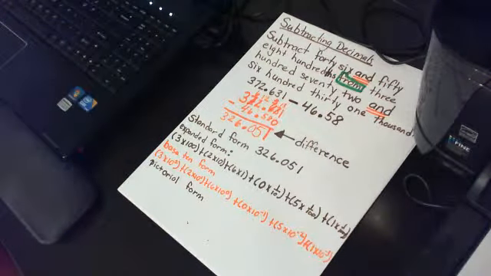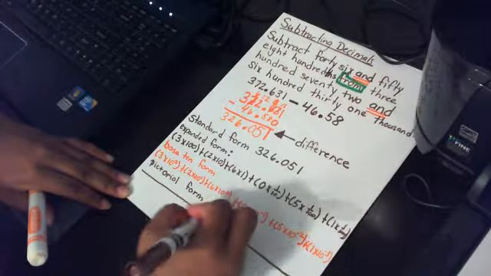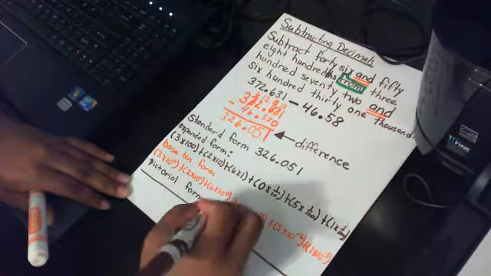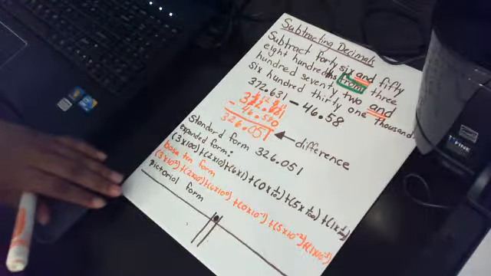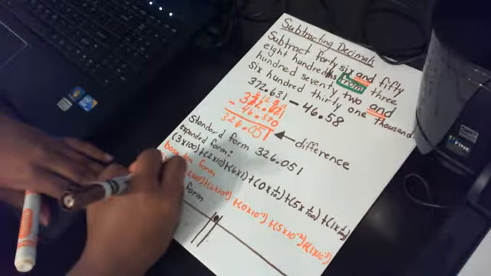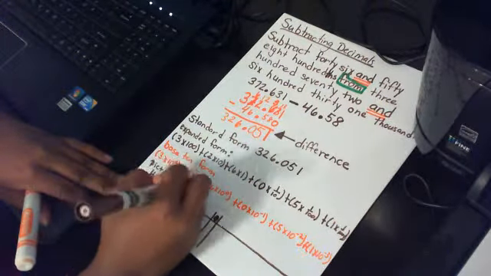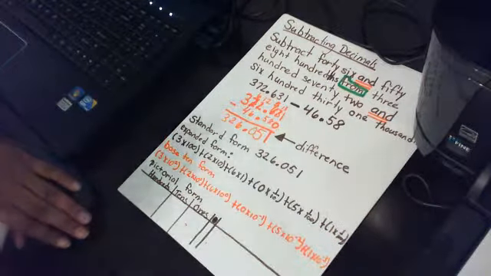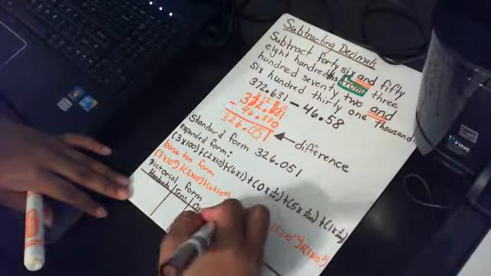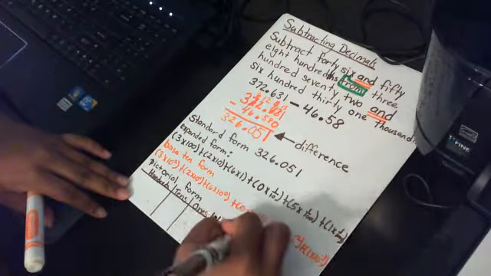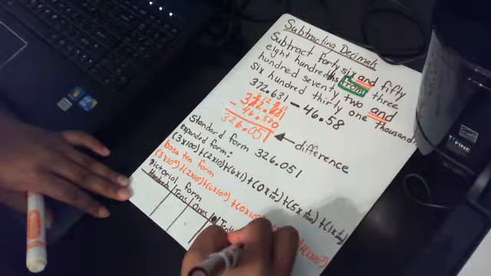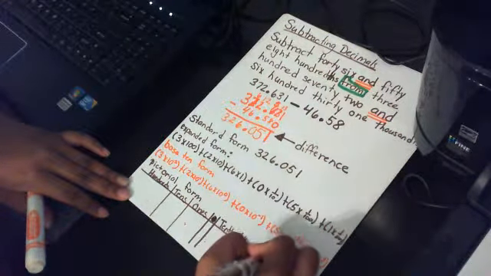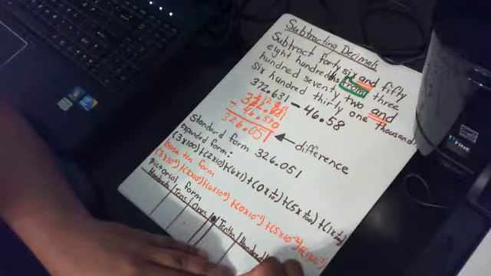Remember with pictorial form, we just draw our place value chart. Then you come somewhere in the middle and put your decimal point. And looking at this number, you know we're going to start at hundreds, tens, ones. And then on this side, we're going to have tenths, hundredths, and then thousandths.